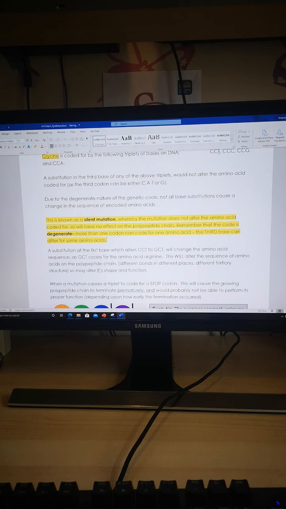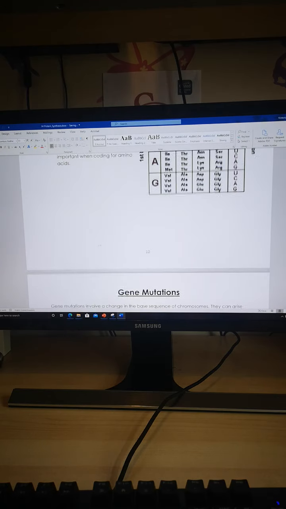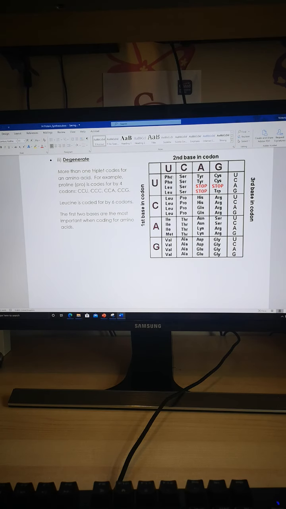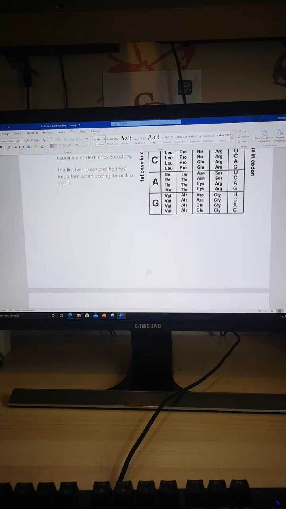The DNA base sequence has been altered, but it did not result in a change to the amino acid code. And that's because of the degenerate nature of the code. If you look at the code, often it's that last base within the code. You can change that one and it often doesn't result in a change in the amino acid that's coded for.